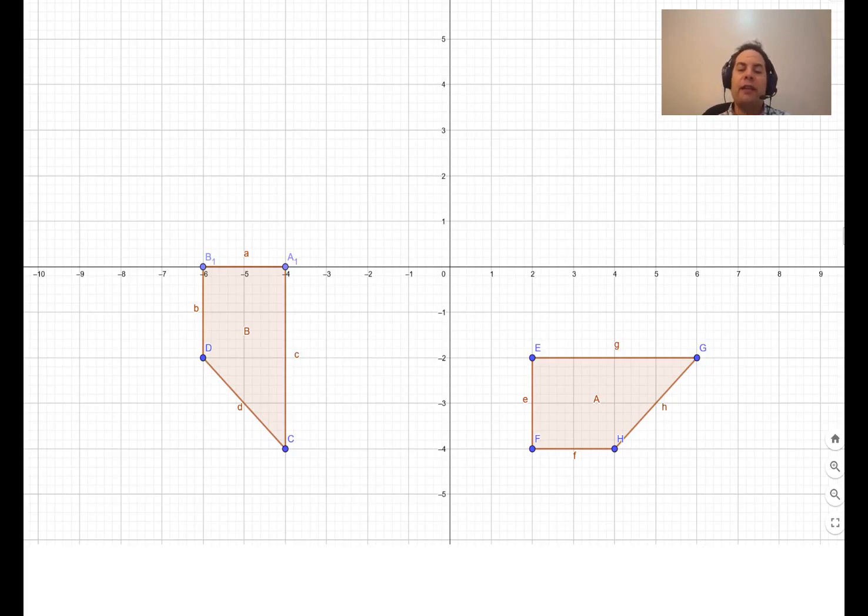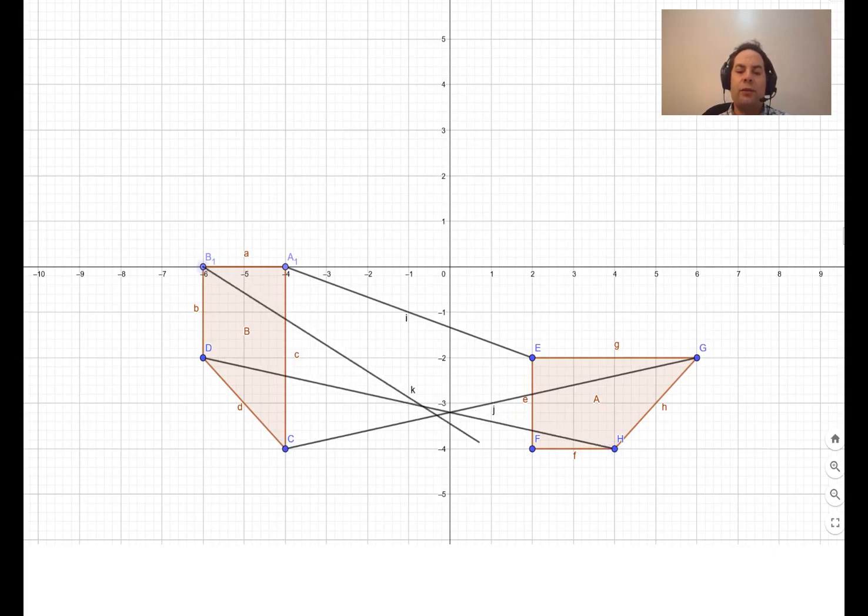How to show that it's rotation 180 degrees? It's very simple. Start by joining each 2 corresponding points. This point and its corresponding, this point and its corresponding, and so on. If all intersect at only one point, it will be rotation 180 degrees.